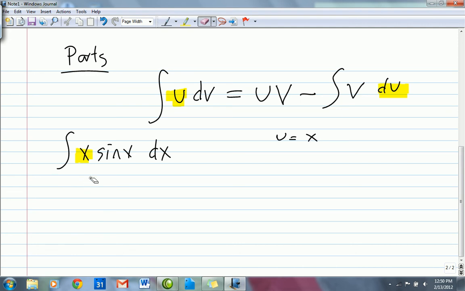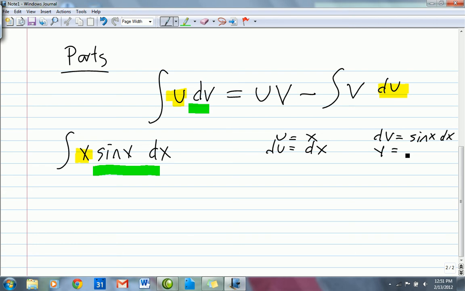If u is x, then du, the differential of u, is 1 times the differential x. And what this rule says is, if that's my u, then everything else has to be dv. It has to fit this structure, u times dv. So dv is going to be sine x dx. If I know what dv is, then v will essentially be the antiderivative. The antiderivative of sine is going to be negative cosine.